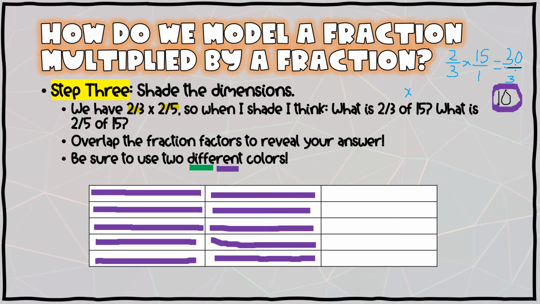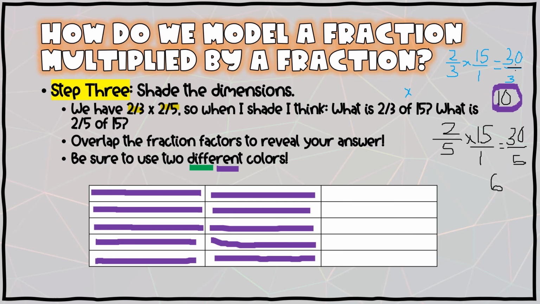Now I'm going to do the same thing with 2/5. So with 2/5, it's 2/5 of 15. So 2/5 of, which is multiplying 15, 15 over 1 as a whole number, and I get 30 over 5. And I know 30 divided by 5, because I'm thinking about my fraction like division, 30 divided by 5 gives me 6.